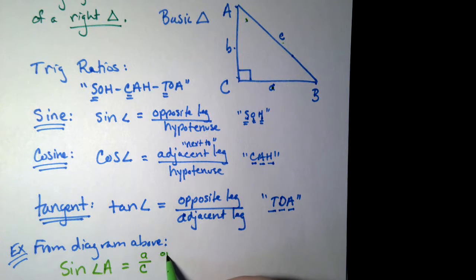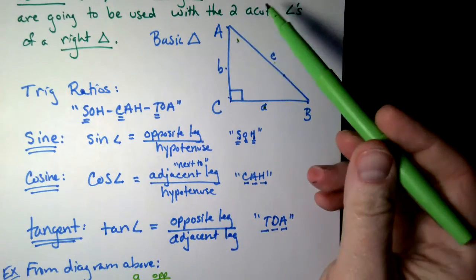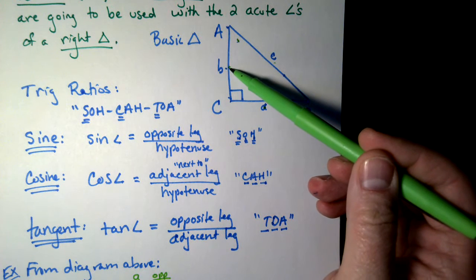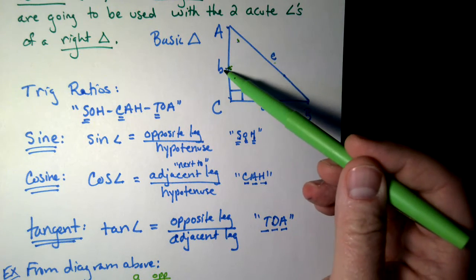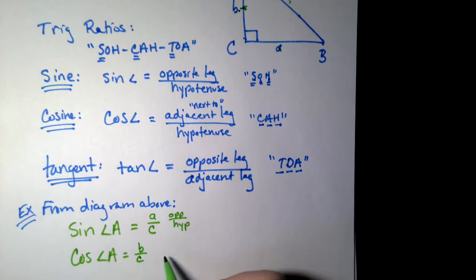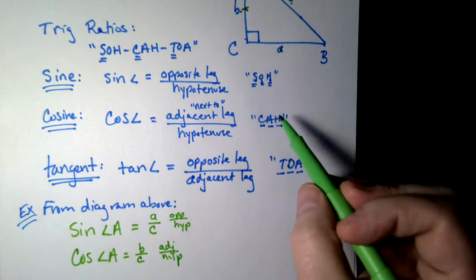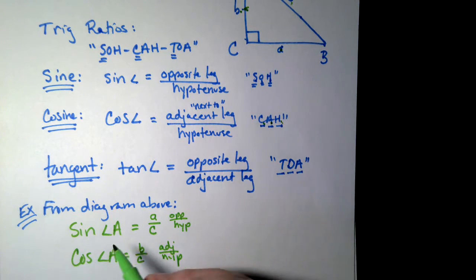Opposite over hypotenuse. If they wanted the cosine of angle A, the cosine of angle A is going to be adjacent leg, all right, the leg right next to it, leg of the right triangle, b over hypotenuse. So that'd be b over c, the adjacent over hypotenuse, CAH, cosine adjacent over hypotenuse.